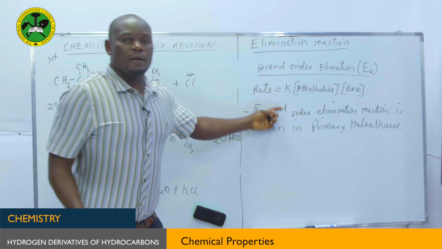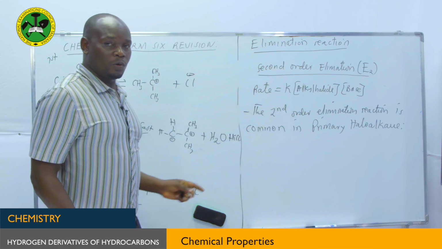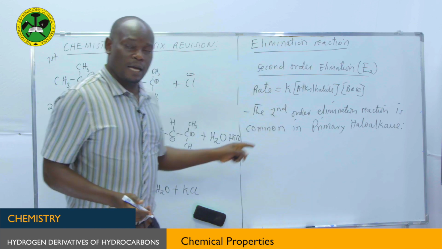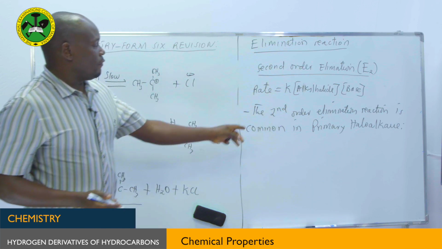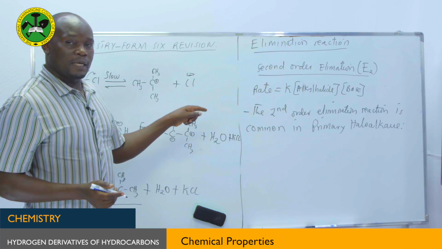You may be asked, why is it common in primary haloalkane? This is because in primary haloalkane there is very, very weak steric hindrance that can be found in that molecule.